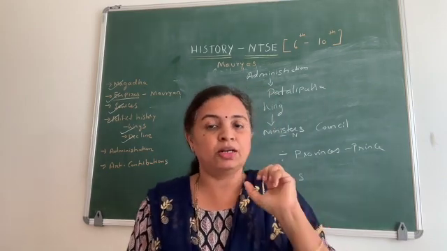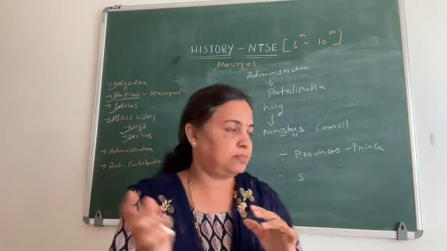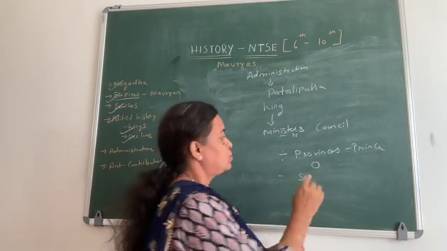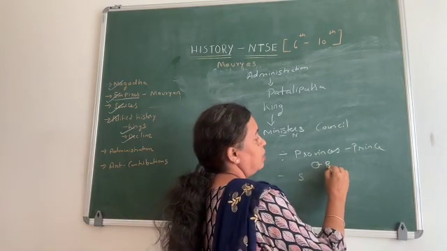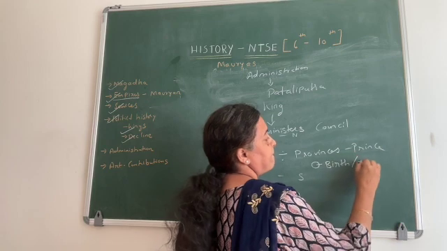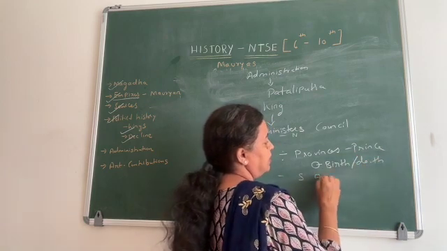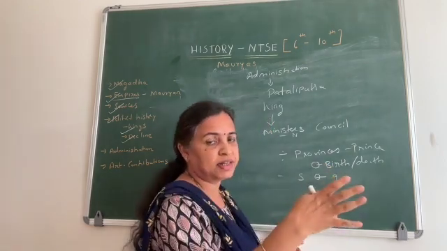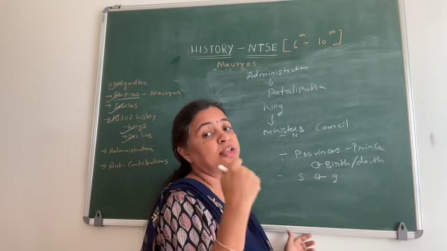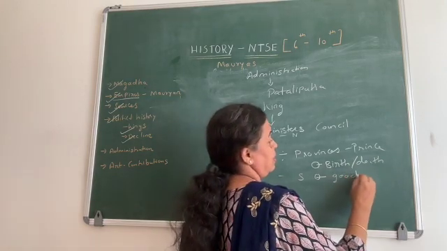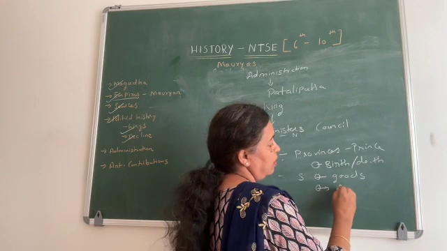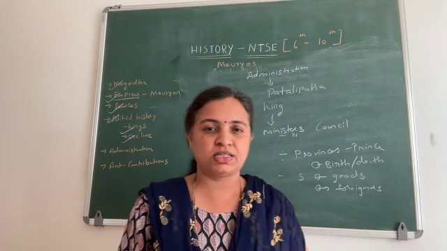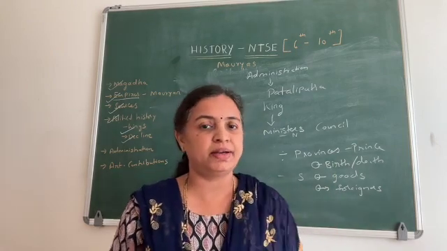Now the capital Patliputra itself had some committees. A committee is a group which looks after some work. There was a committee for looking after birth and death. There was a committee to collect goods and goods tax. Products used to come into a city, right? So they used to inspect the goods, then collect tax. Then there was a committee to look after foreigners and where they stayed and how many days they would stay.